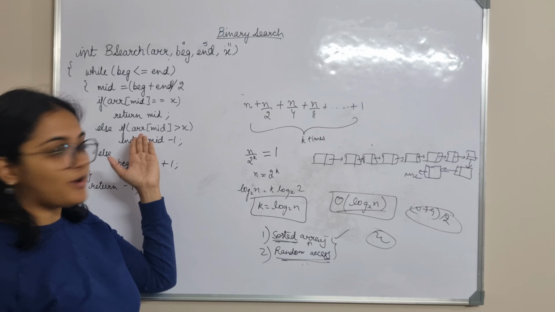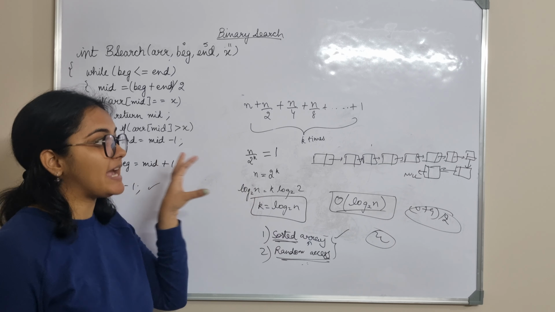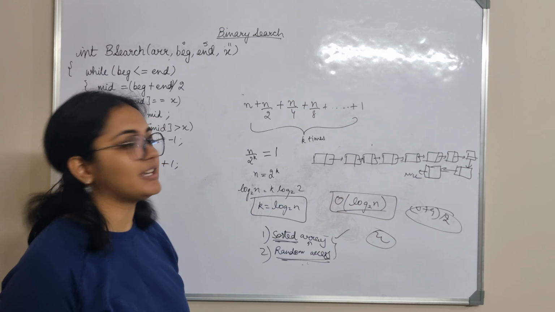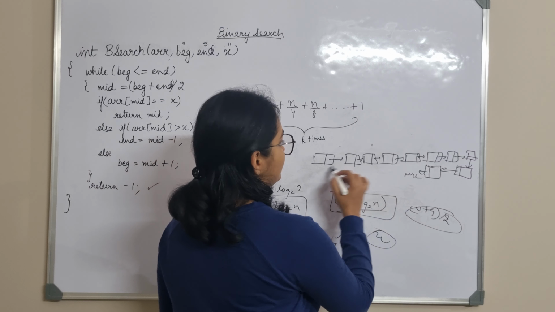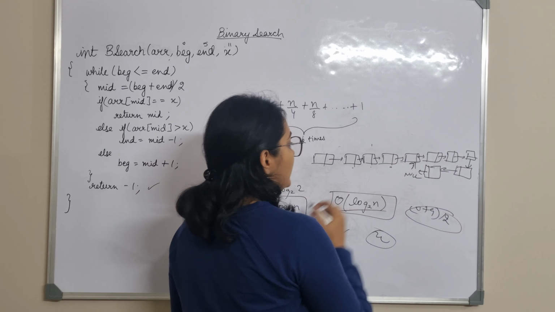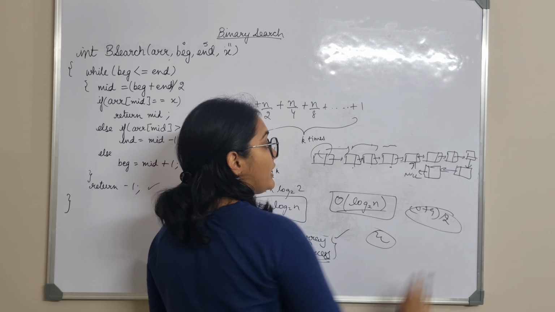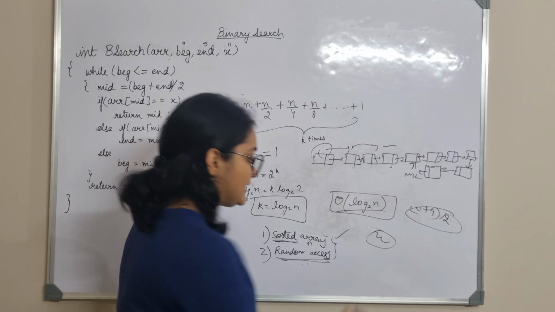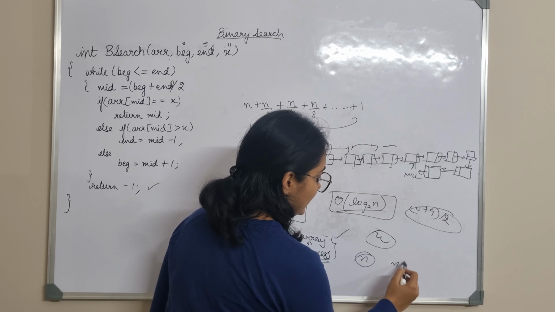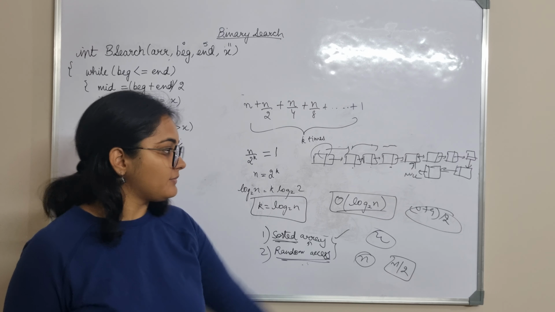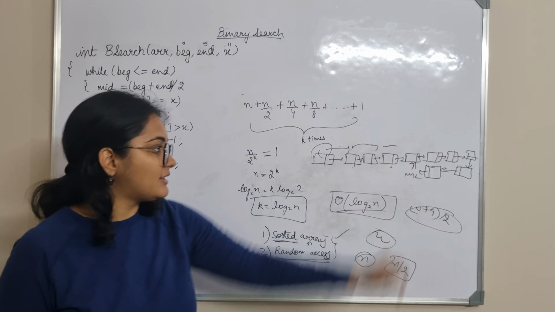Why is it possible in an array? Constant access, because an array is stored in contiguous memory locations. Here it is not the case. So in order to reach the middle, 0, 1, 2, 3, 4, we have to go from the beginning. Let's say n is the size and we are going to the middle element. To go to the middle element will require n by 2 iterations. Why? How do we traverse this?